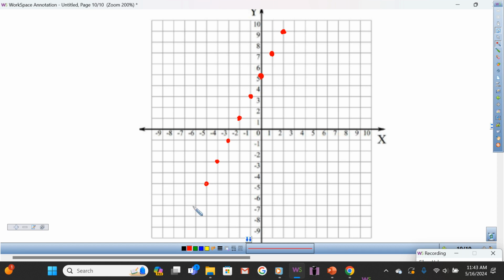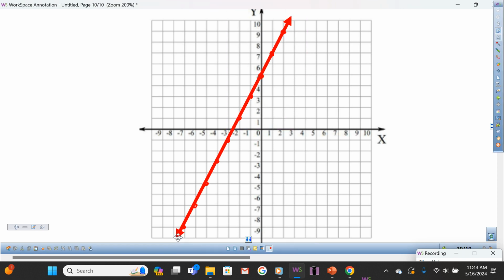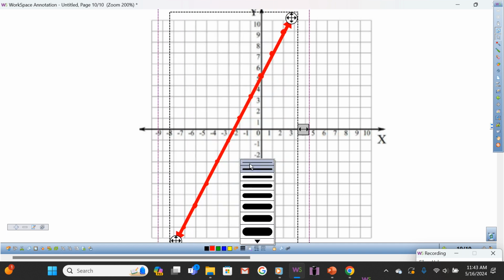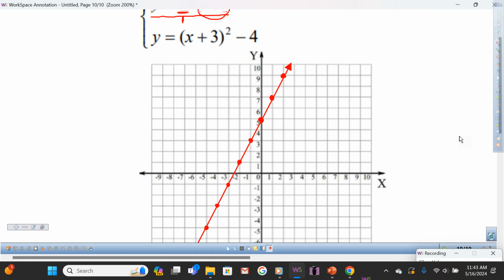And then just sketch your line, and do that in red. There it is. Okay. Pretty straightforward, yes?